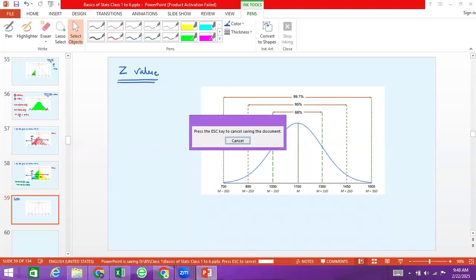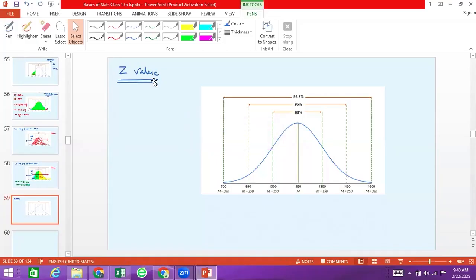If someone gives you a Z value of 3, that point is 3 standard deviations away from the mean. That is the average.